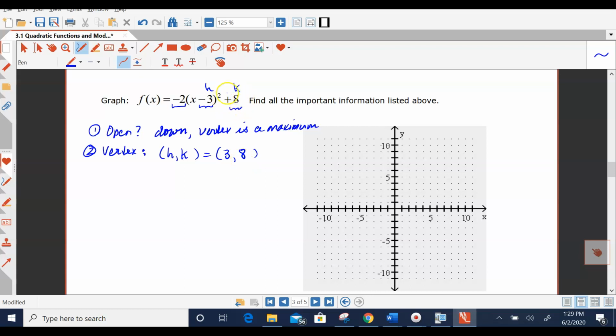Remember, the number on the outside tells you where to go according to the sign. So it goes up 8. It's a plus 8. But the number that came inside, we had to do the opposite direction. So remember, the number inside told us to go left or right, and since it's a minus 3, we would actually go to the right 3. So when you're getting that vertex, keep this in mind. For the h, we do the opposite sign, and for the k, we do the same sign.